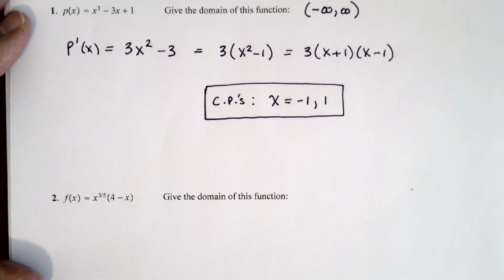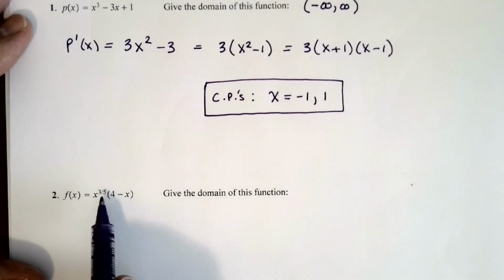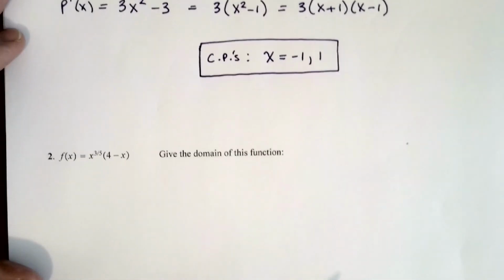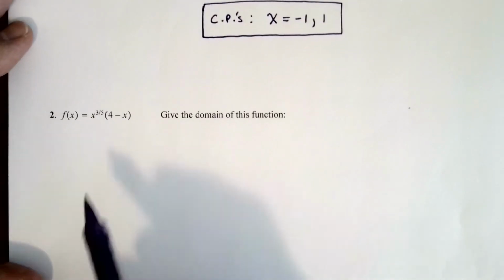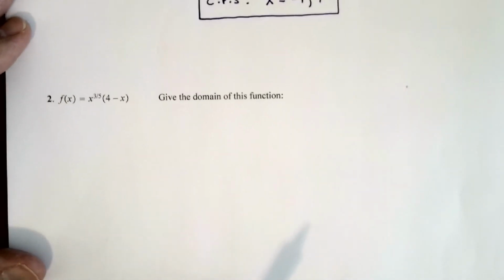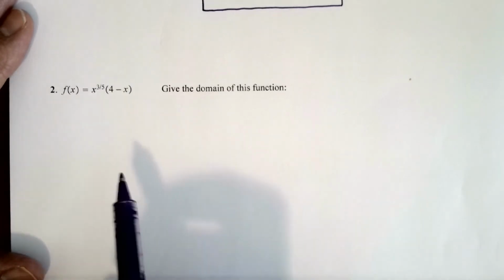Now let's take a look at this function. This function is not a polynomial function because the exponent here is not a whole number. Realize that x to the 3/5 power means the fifth root of x cubed. What's the domain of this function, though?